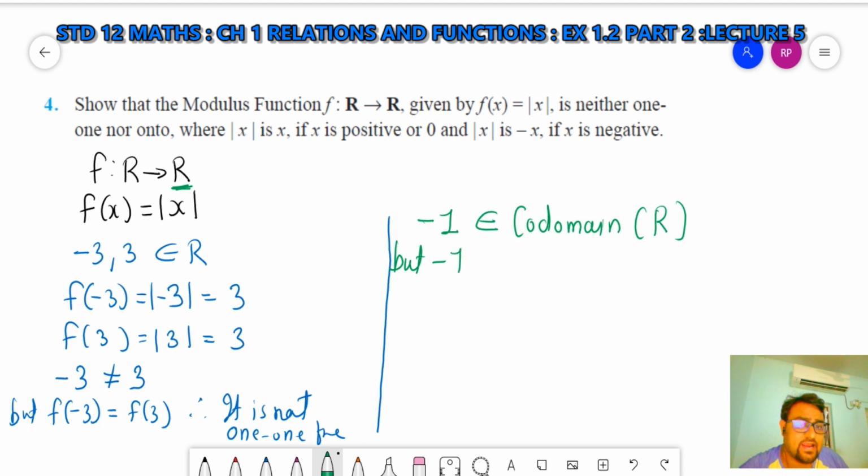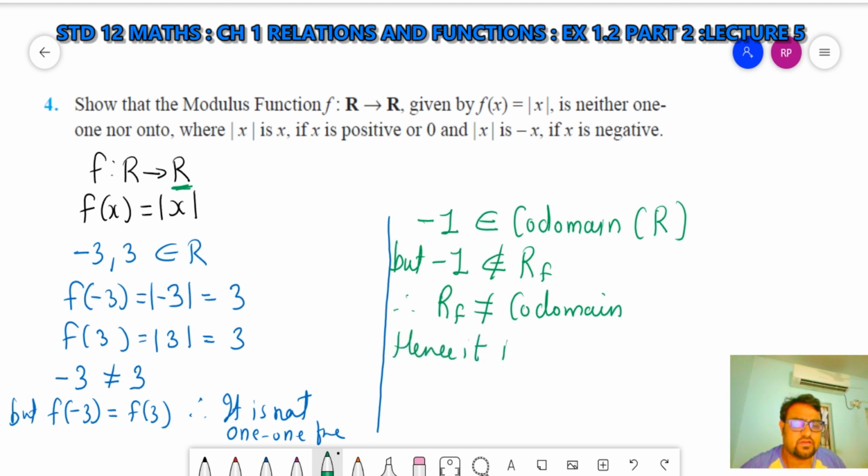But minus 1 does not belong to the range of the function, because the range of the function is the positive numbers plus 0. Therefore, the range of the function is not equal to the codomain. Hence, it is not an onto function. This was about question number 4. So just note it down.